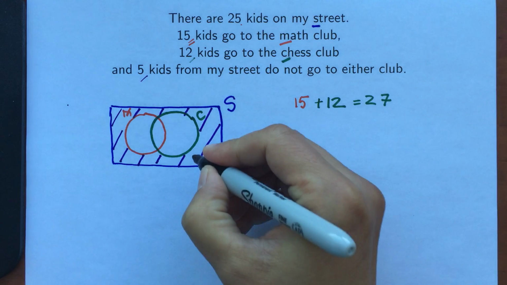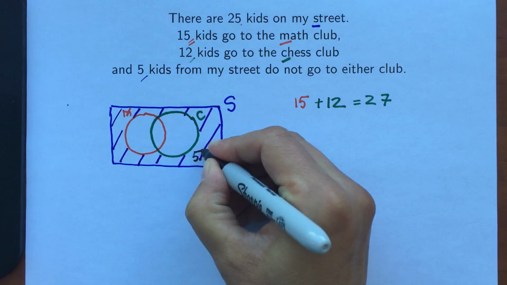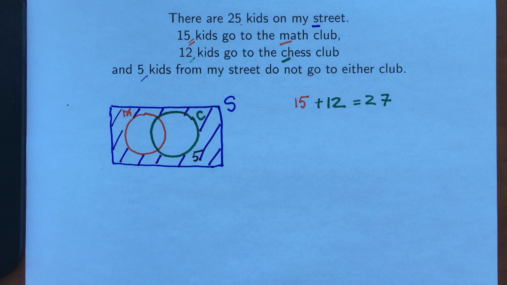So already we can tell that inside this area that we shaded with purple, we have 5 kids.